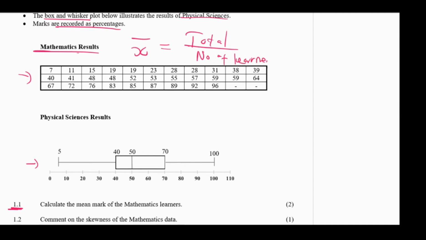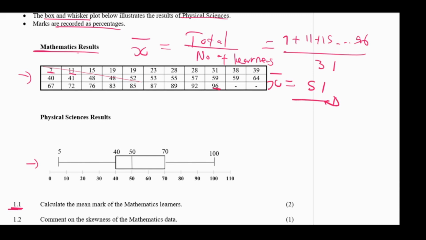So we add all the numbers: 7 plus 11 plus 15, all the way up to 96, which is the last. You add all the numbers that exist in this table and divide by the number of learners, which is 31, and your mean should be 51. So that is the mean for maths.